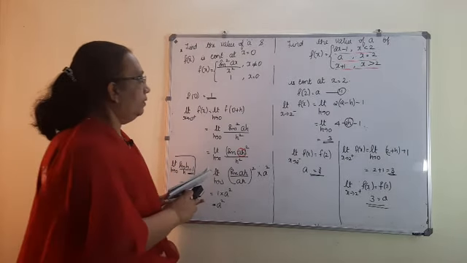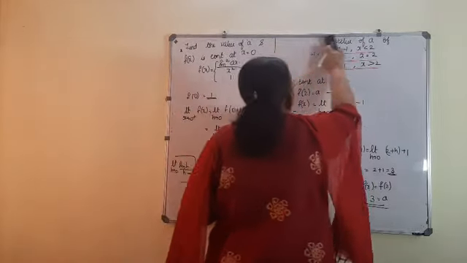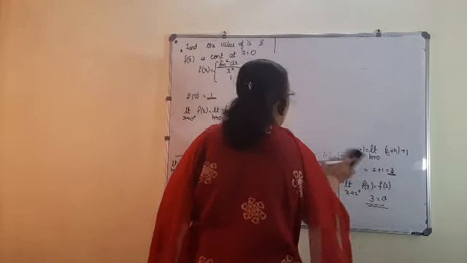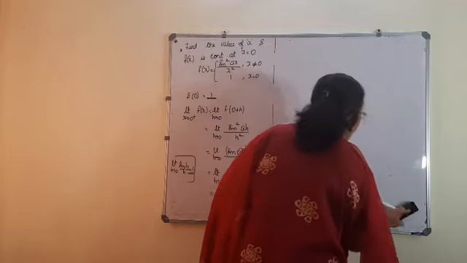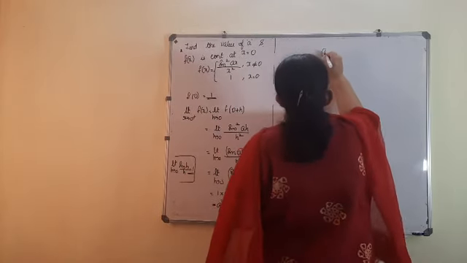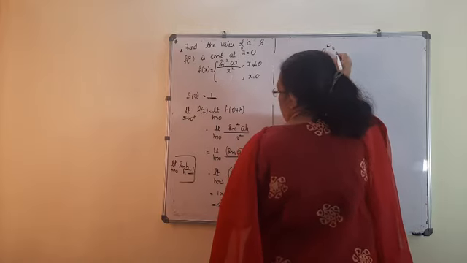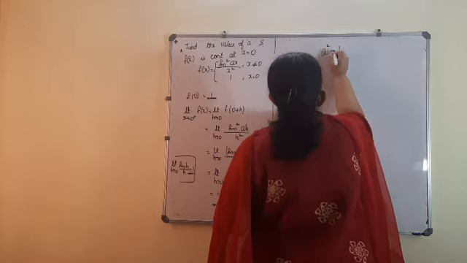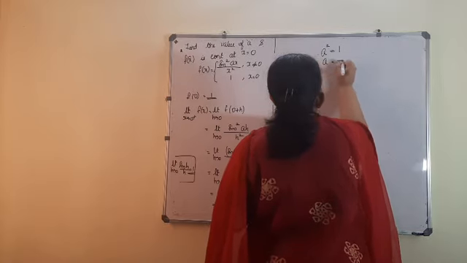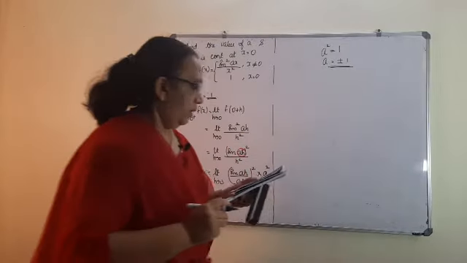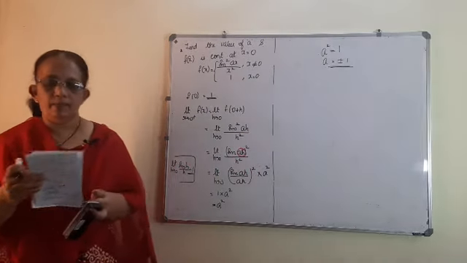So what have you obtained here? A squared is equal to 1, or A is equal to plus or minus 1.